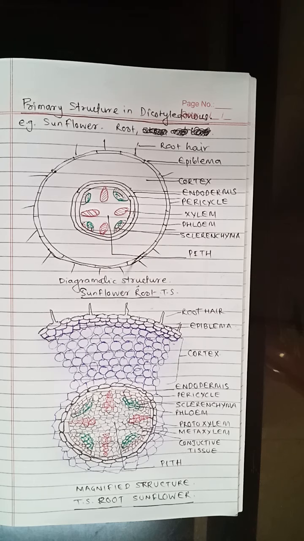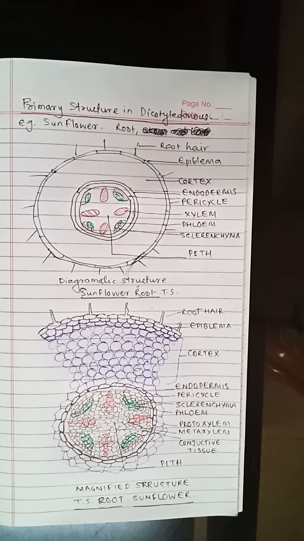The protoxylem element is present towards the pericycle, while the metaxylem element is present towards the central pith. Therefore, the condition is called exarch condition. The protoxylem consists of annular and spiral vessels, and metaxylem has reticulate and pitted vessels.